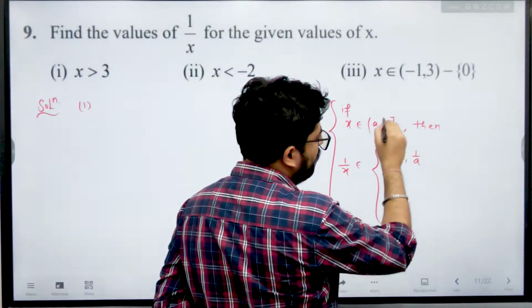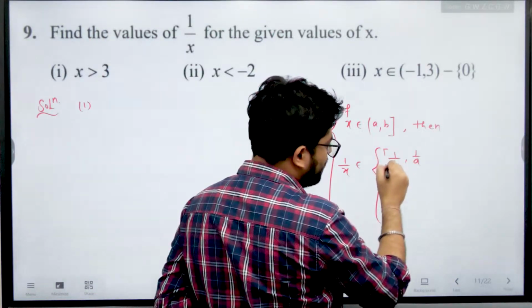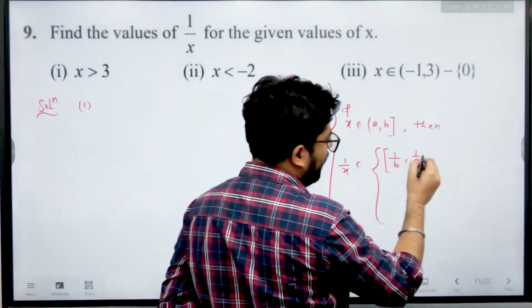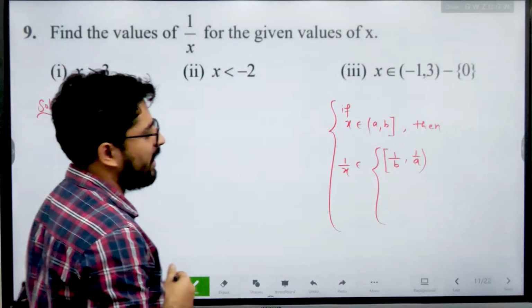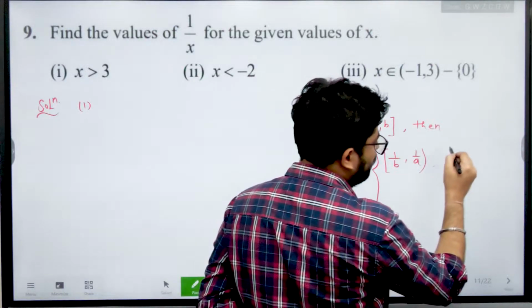b is included here, x can take the value b, so 1 by x can take the value 1 by b. x cannot take a, so 1 by x cannot take 1 by a. So 1 by x is in [1 by b, 1 by a) when a and b are of the same sign.